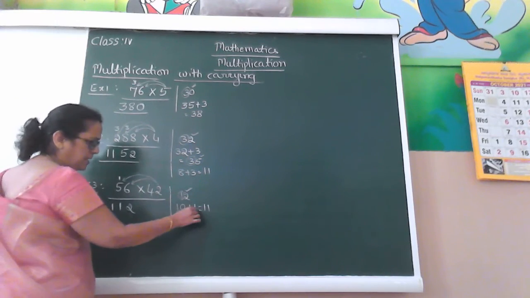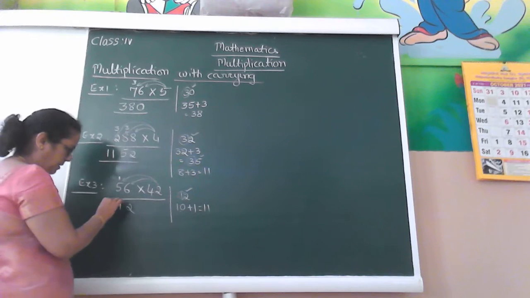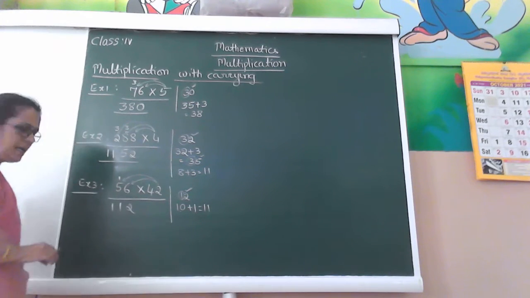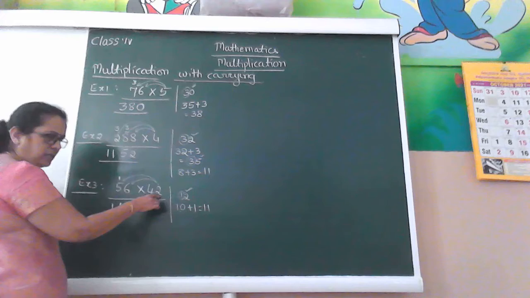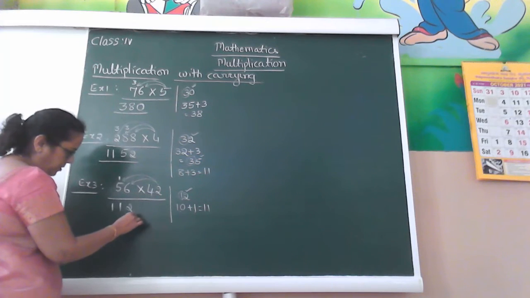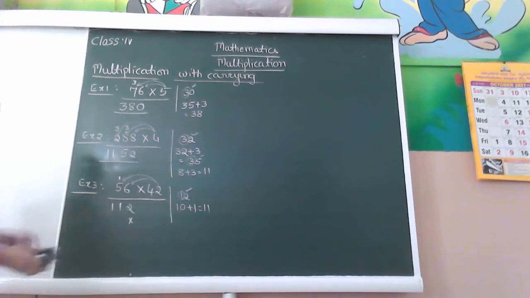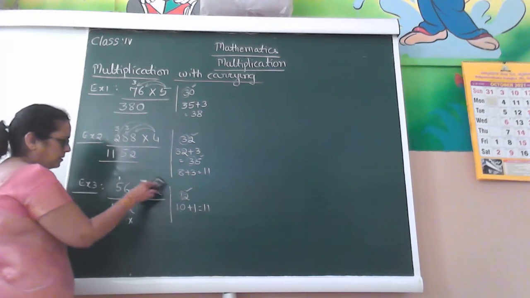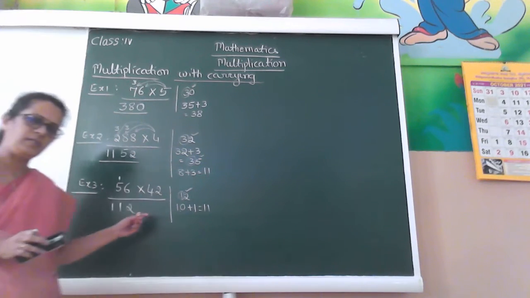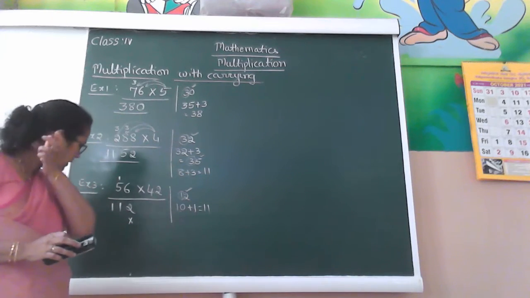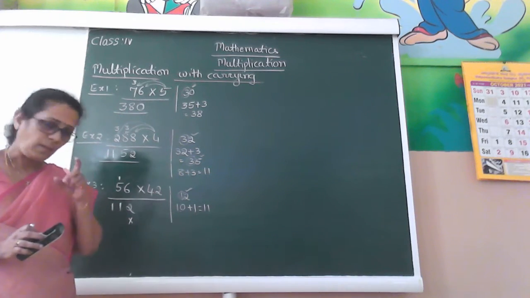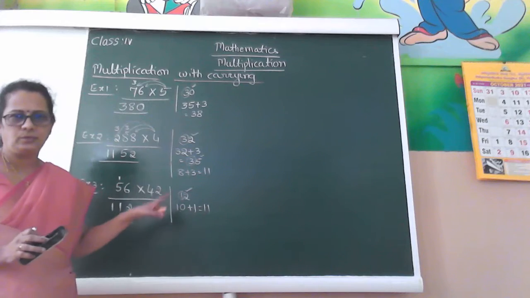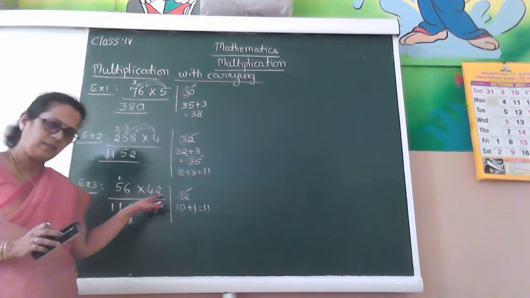That is 10 plus 1, it is 11. Write 11. After multiplication by 2, here you put a cross mark and rub this. It's not necessary, children, to write the arrow mark. Just I am teaching you how to do the multiplication with the unit number.